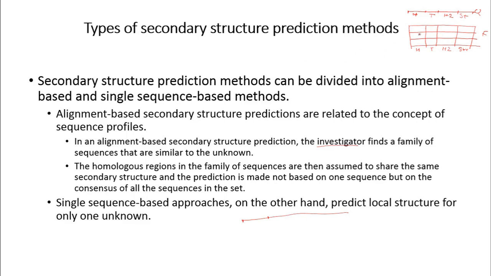Okay, one more thing that I would like to mention is that whenever we have a family of such sequences, we align all these sequences first, and then we can figure out what the consensus is. Therefore, such approaches are called alignment based approaches. Okay, to find the consensus we have to align them, right? Right. Therefore, these are called alignment based secondary structure prediction methods.